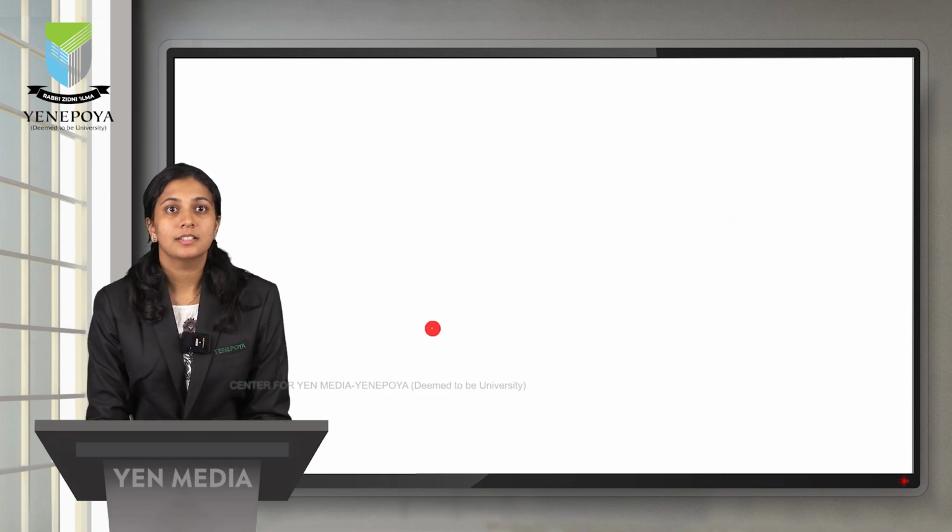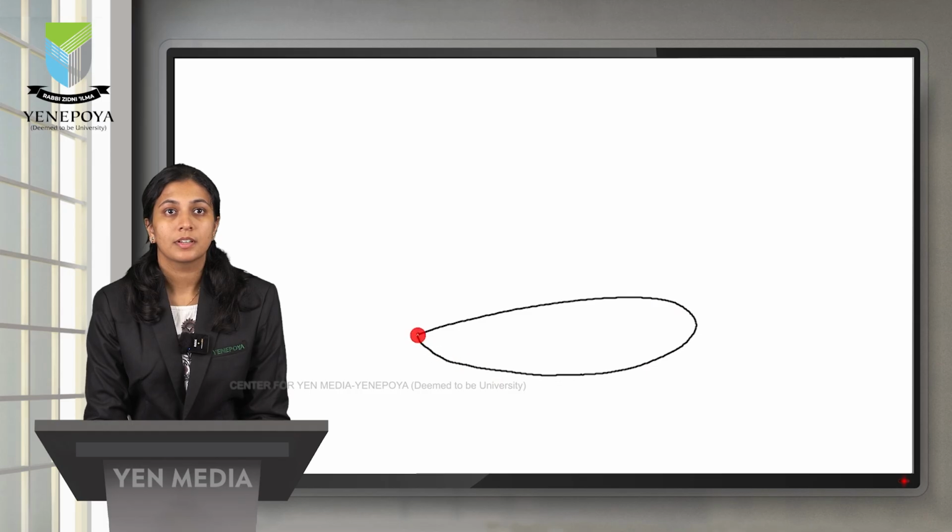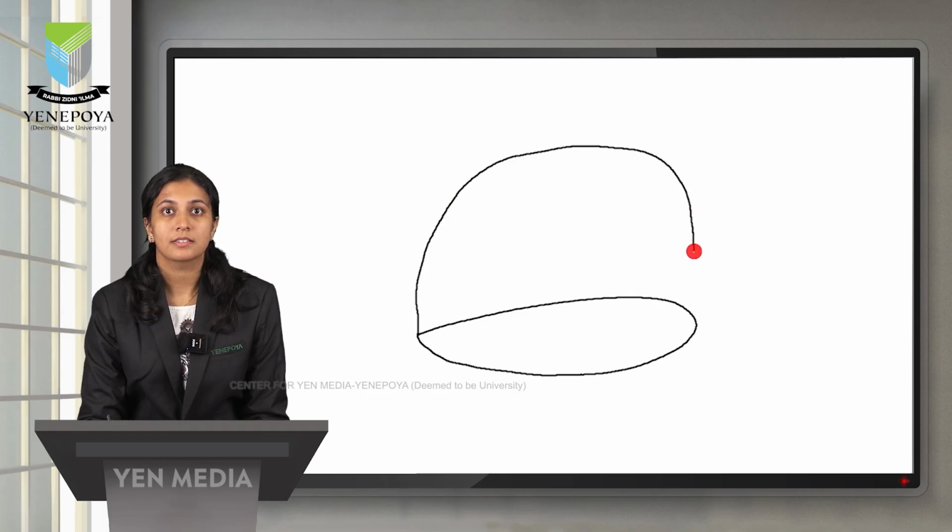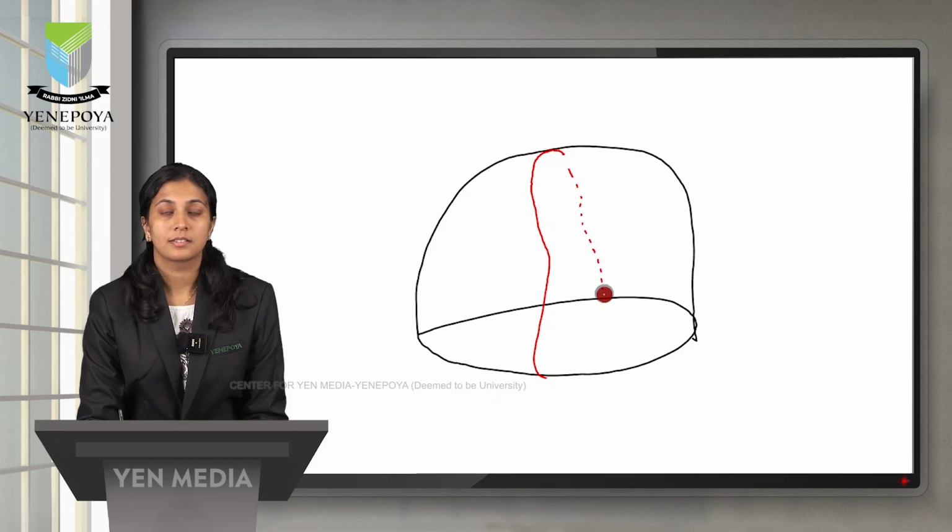Now consider this as a cornea. And this is the steep axis. And consider this as the flatter axis.